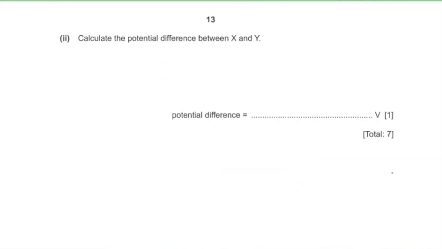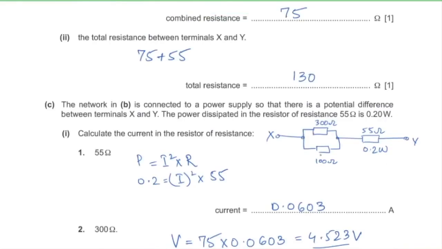But to calculate the potential difference between X and Y, there is this parallel part, which has been connected with 55 ohms in series. So total PD across X and Y is going to be the PD across this parallel connection plus the PD across the 55 ohm resistor.